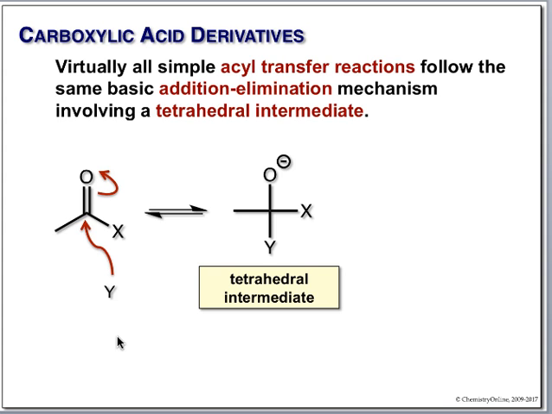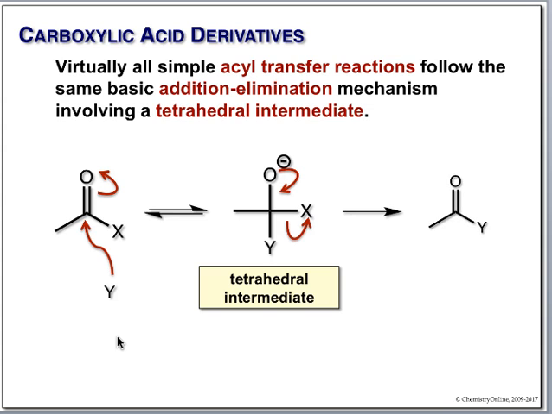Now, this intermediate can do two things. The electrons on the oxygen can come back in to reform the carbonyl, and Y could leave, and it would go back. Or electrons could come in, and X could leave.